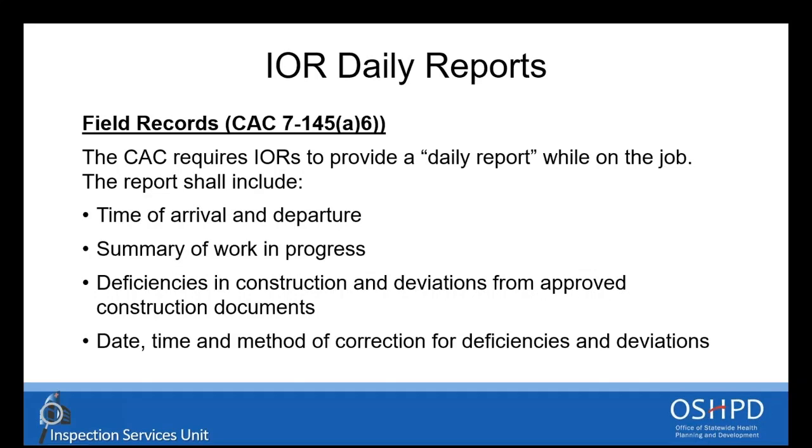And the next four bullets are the minimum requirements noted in the admin code on what the daily reports should include. I'll just briefly go over the time of arrival and departure, summary of work in progress, and any deficiencies and deviations you need to note. And then lastly, many IORs that I observe are not doing this: when the corrections have been made for the deficiencies and/or deviations, you need to note in your daily reports the date, time, and the method of corrections. So keep in mind that is one of the minimum requirements. Next.